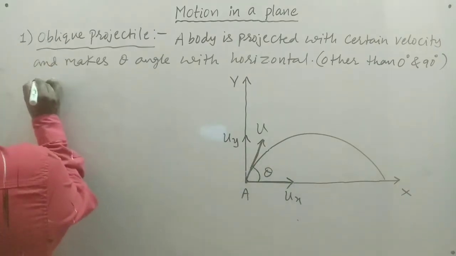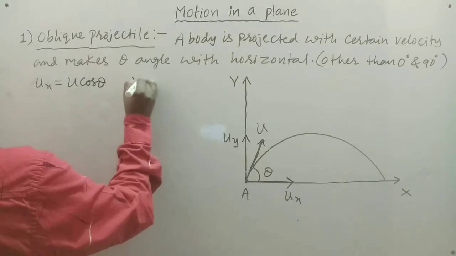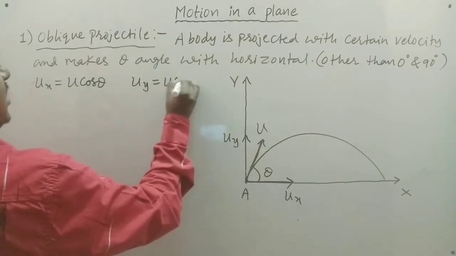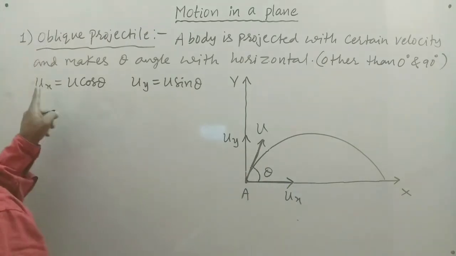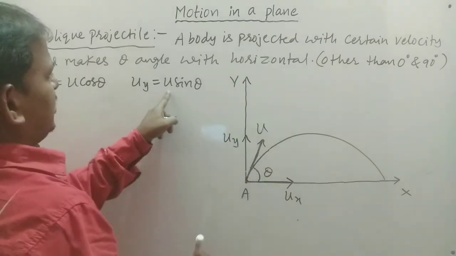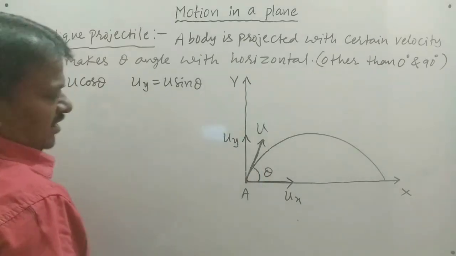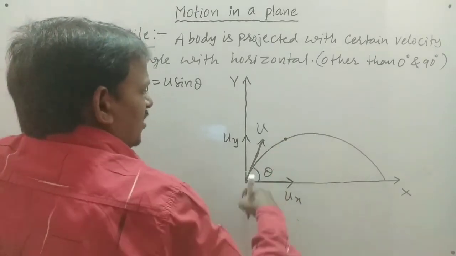So ux is equal to u cos theta, and uy is equal to u sin theta. ux is along the x axis, this is u cos theta. uy is along the y axis, it is u sin theta. As time goes on, its velocity changes.